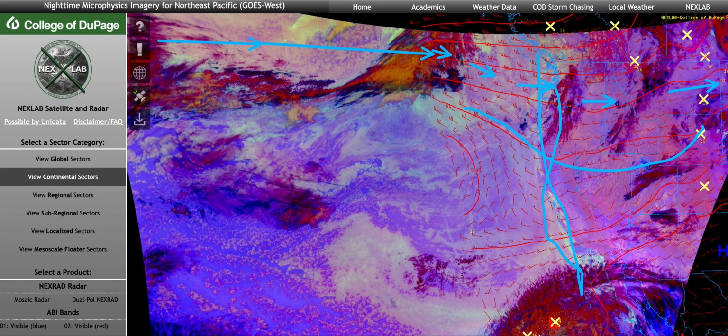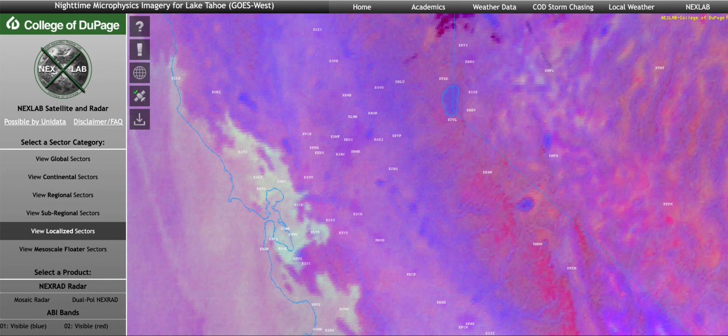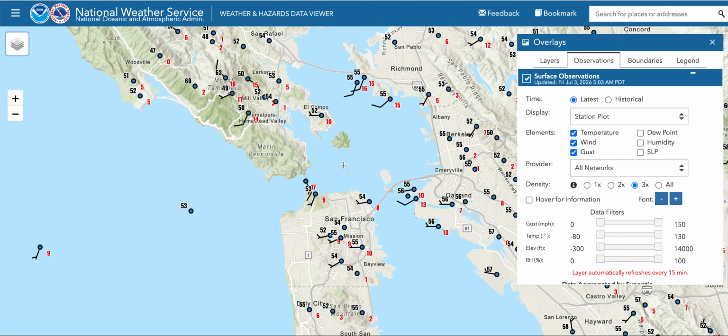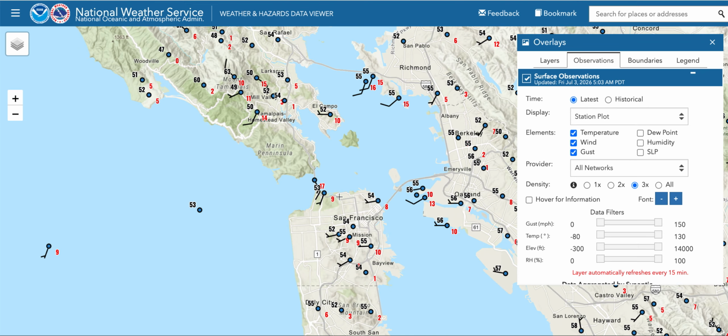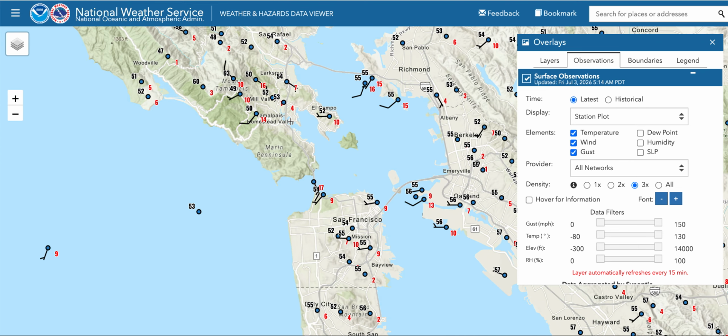So that's what we're observing this morning. That's why we have such a deep marine layer, and as a consequence, those marine clouds are able to push pretty far inland. Bay Area temperatures at the moment, mostly in the 50s.